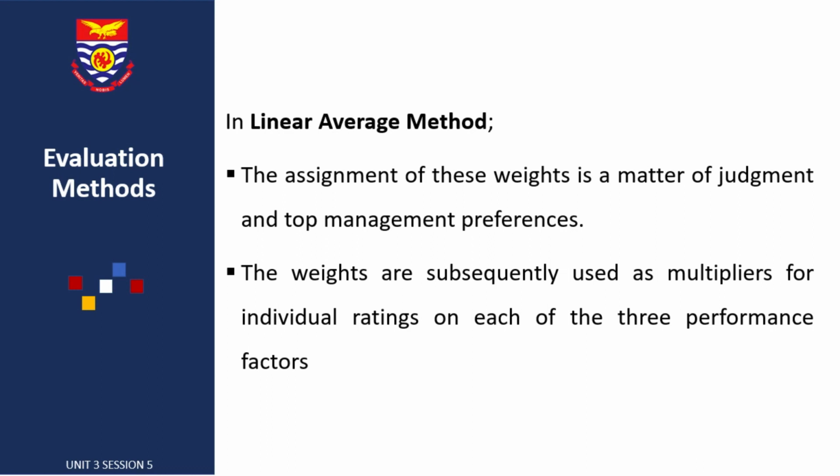So if we assign 10 to price, 20 to quality, and let's say 15 to quantity, then we would use the criteria we have, and the weighted average, or the linear average we have, to calculate the totality of it as a multiplier.